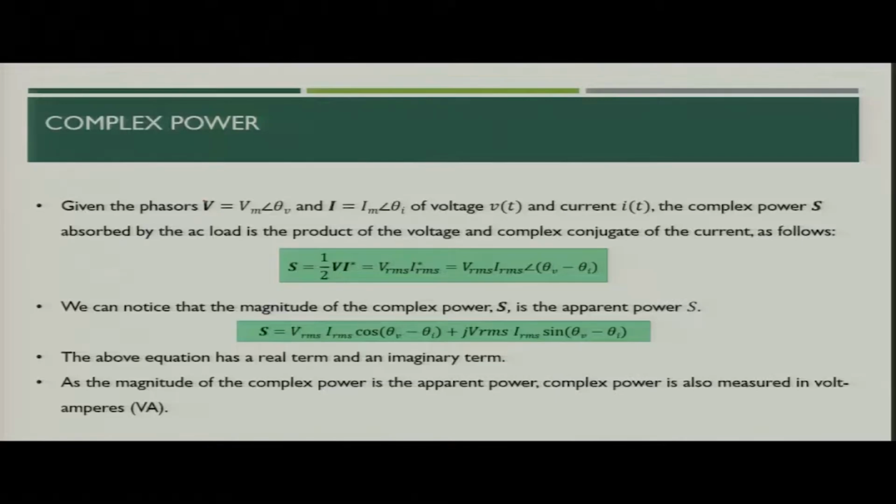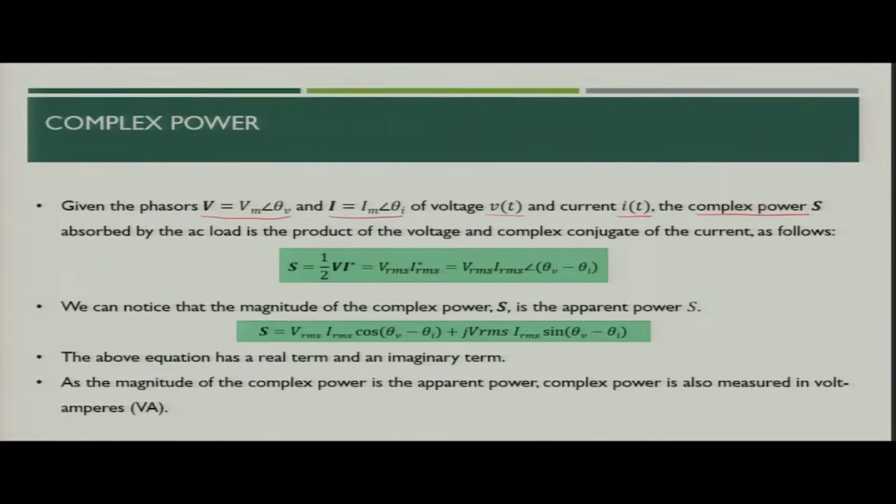Now, let us come to another term called complex power. Given the phasors V equal to Vm∠θV and I equal to Im∠θI, that is, v is Vm cos(ωt + θV) and i is Im cos(ωt + θI). We represent V and I in the form of phasors, because these are for voltage and current which are sinusoidally varying.